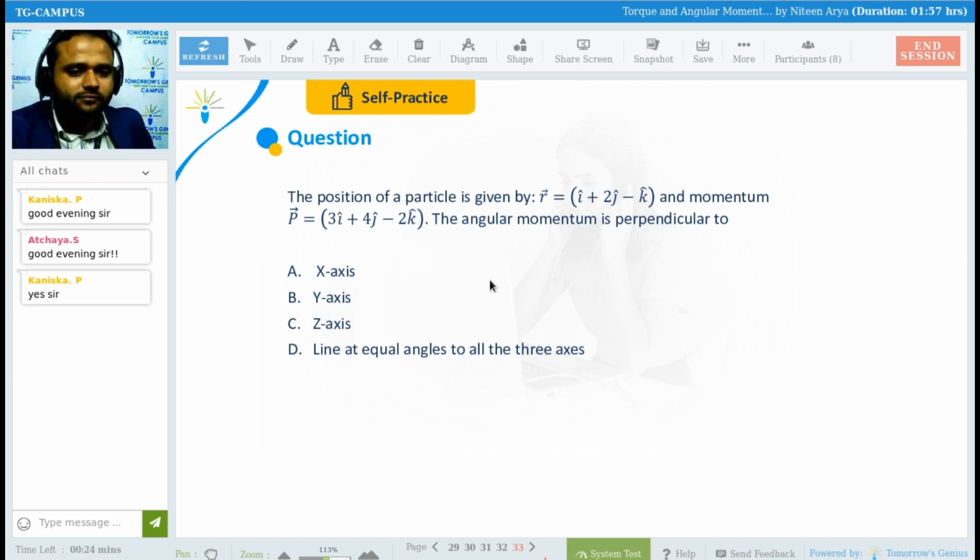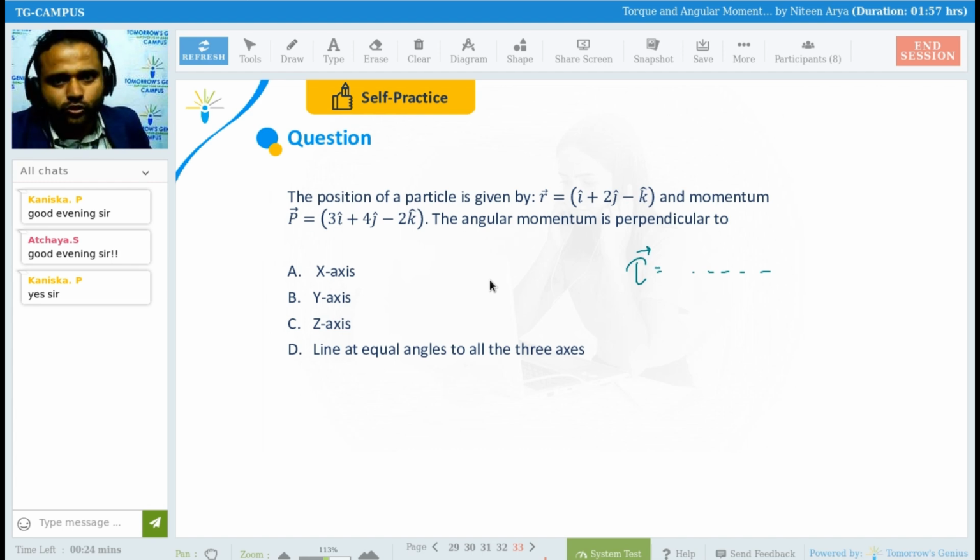Okay, small hint. First find the torque. You can get something in i, j, k form, and then try to take a dot product with the x-axis, y-axis, z-axis.